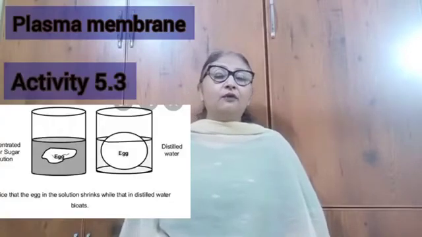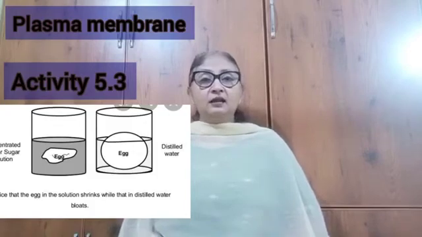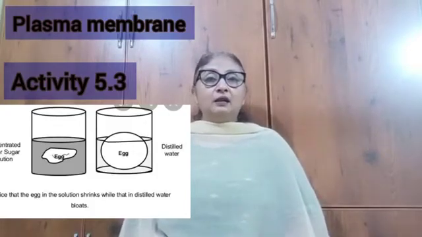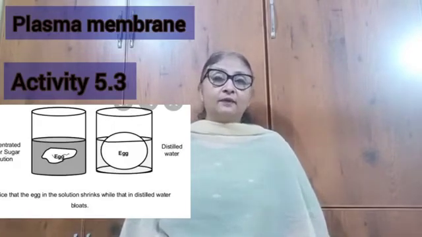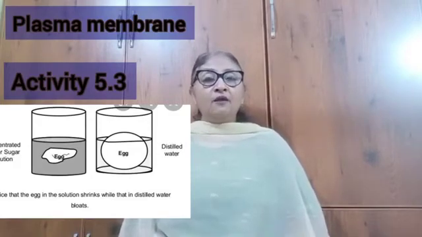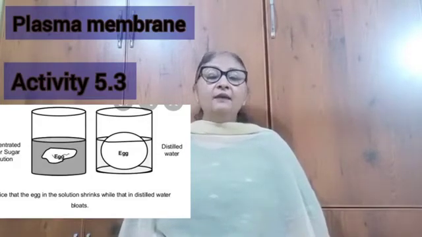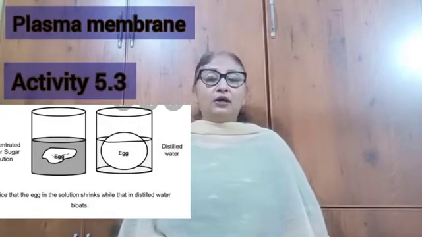Now, to understand osmosis further, let us discuss activity 5.4. We need to take an egg and put it in dilute hydrochloric acid so that the shell dissolves. So the egg is only left with the membrane. We take this carefully and put it in pure water.